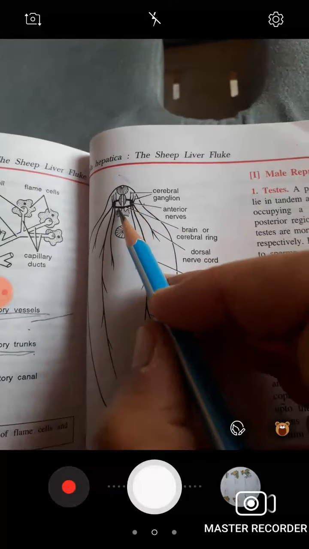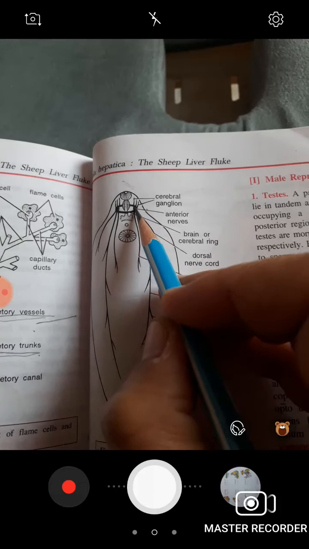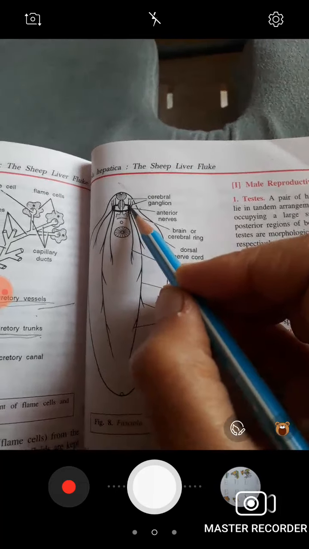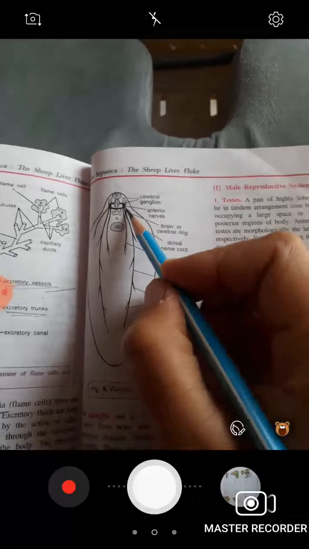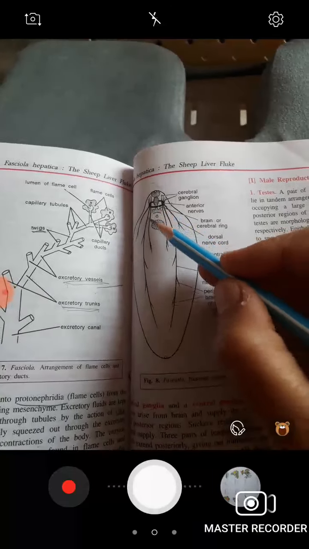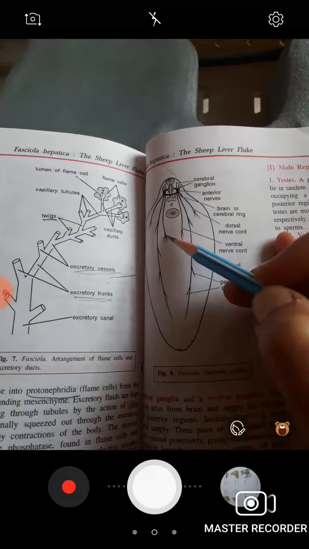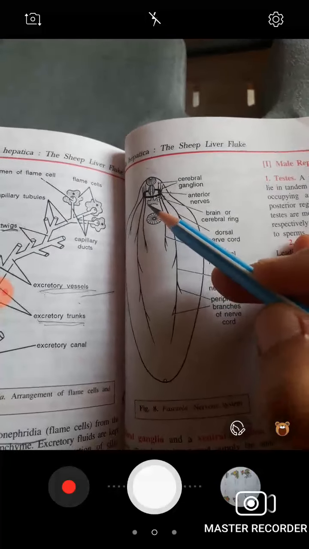So the two cerebral ganglia and one ventral cerebral ganglion are present on this brain. Several fine nerves arise from this brain. Three pairs of longitudinal cords extend posteriorly. In this diagram, look here, there are three pairs of nerves.